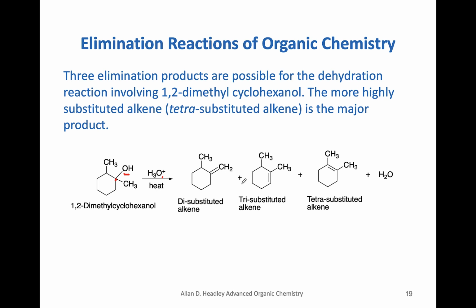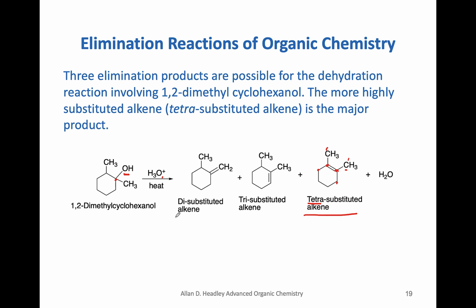As you can imagine, this would be the major product because it's a tetra-substituted alkene. Why tetra? Here's a carbon after the double bond, and here's a carbon after the double bond. That carbon has 1,2 substitution, and this carbon has 1,2 substitution, so it's tetra-substituted.